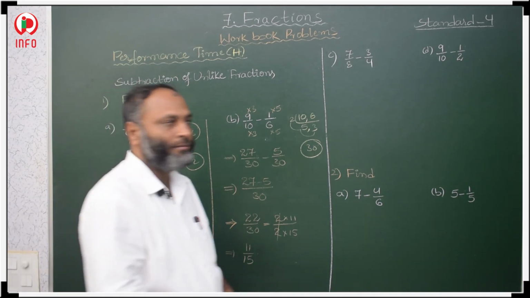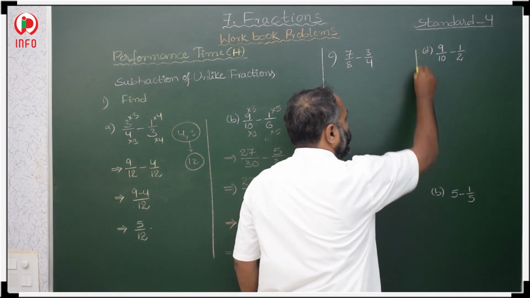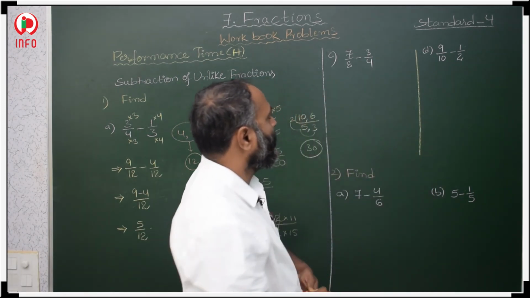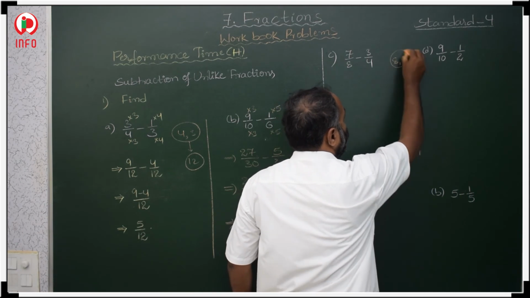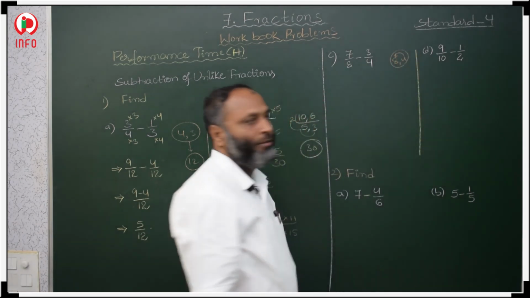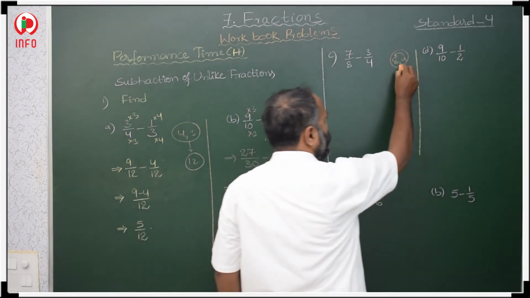Next question. 8 and 4, LCM we have to take. 4 is a factor of 8. 4 2s are 8. So LCM is the bigger one, 8.